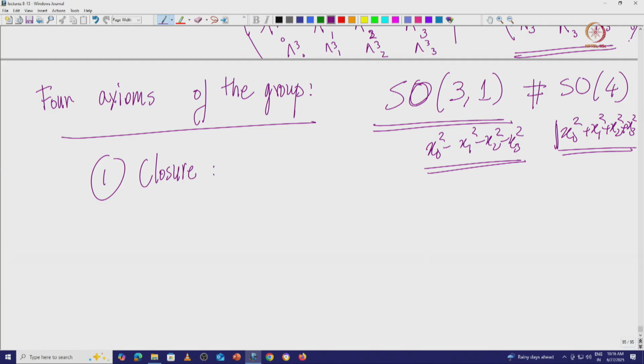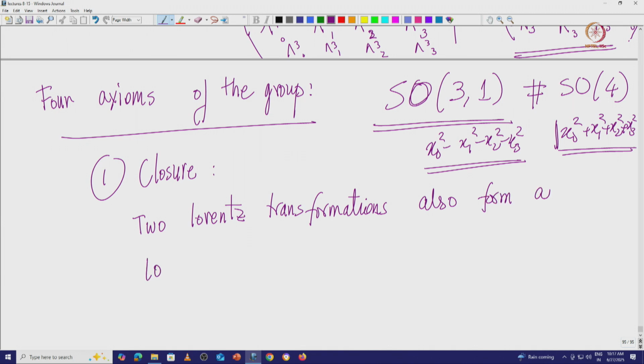Okay, let's see. So 2 Lorentz transformations also form a Lorentz transformation. It satisfies the condition that the 2 Lorentz transformations form a group.